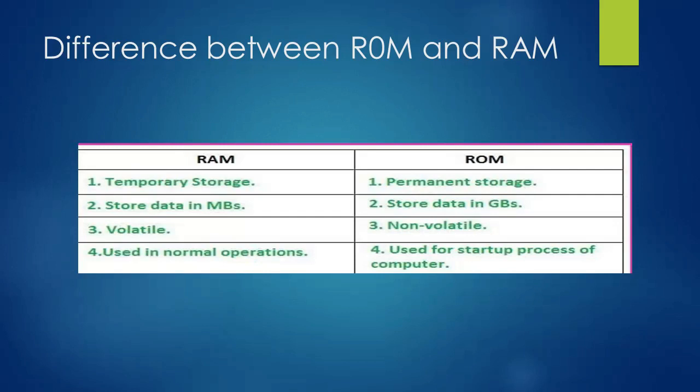RAM is a volatile memory, while ROM is non-volatile. Fourth main difference, that is, it is used in normal operation, while ROM is used to first start a process of a computer. So this is the basic difference between RAM, random access memory, and ROM, read-only memory.